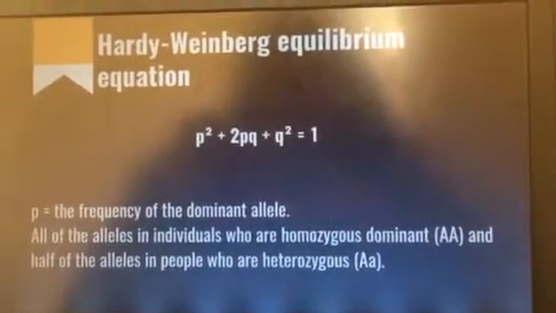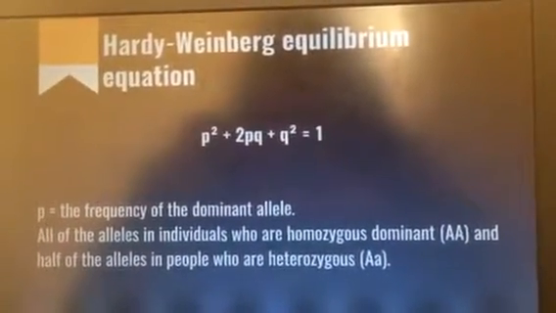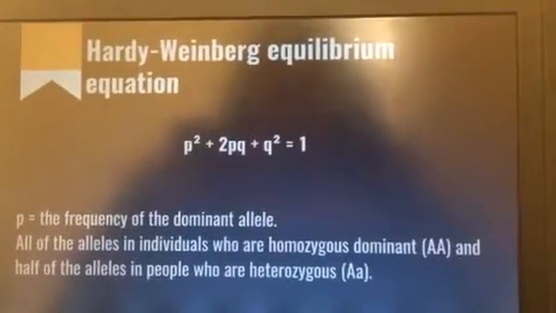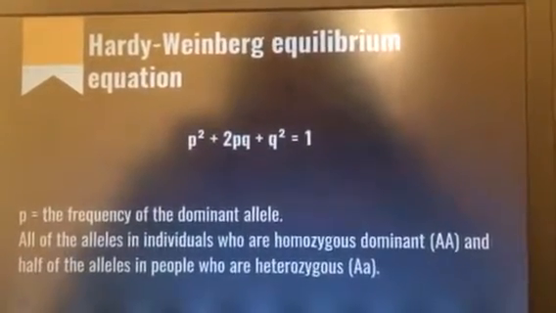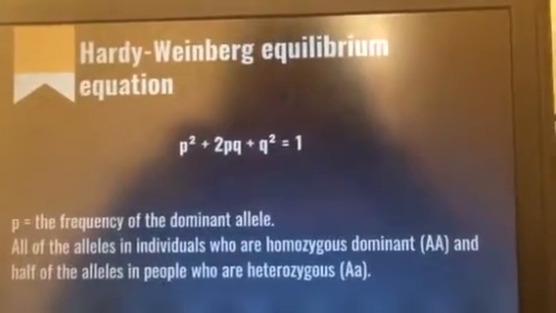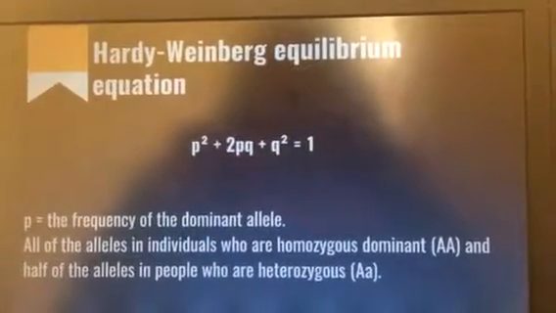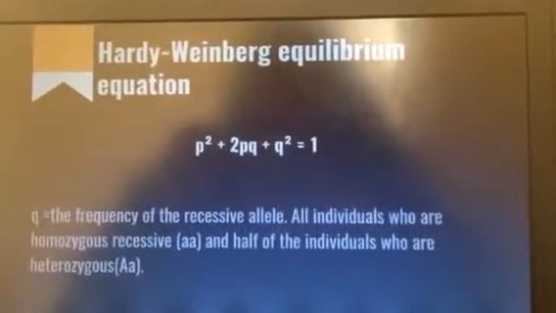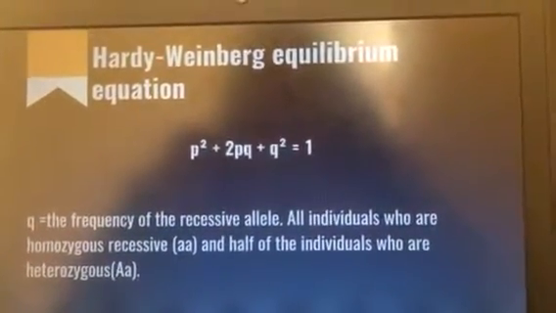P is the frequency of the dominant allele. It accounts for all of the alleles in individuals who are homozygous dominant, for example, capital AA, and half the alleles in individuals who are heterozygous, which is one capital A and one lowercase a. Q is the frequency of the recessive allele.